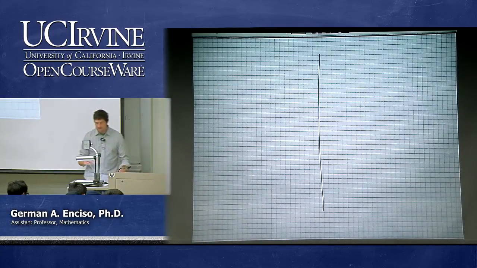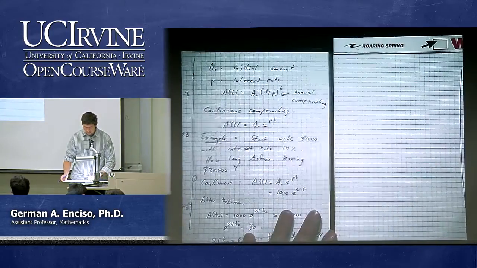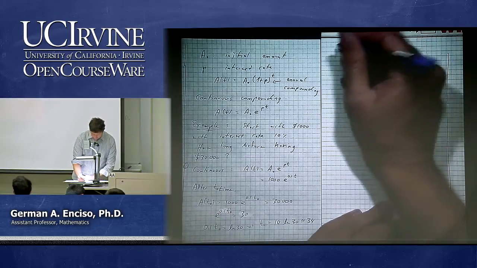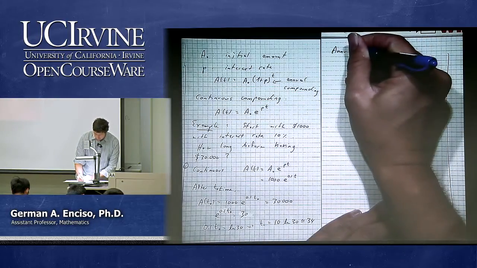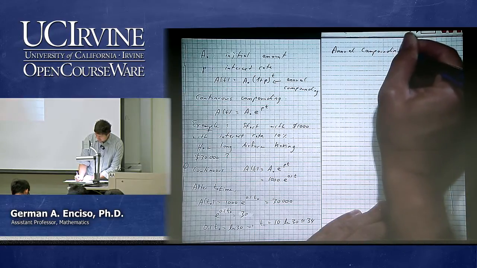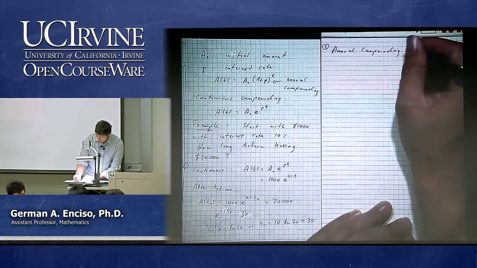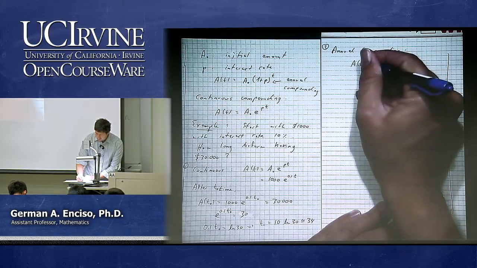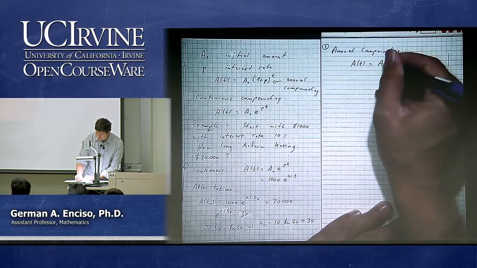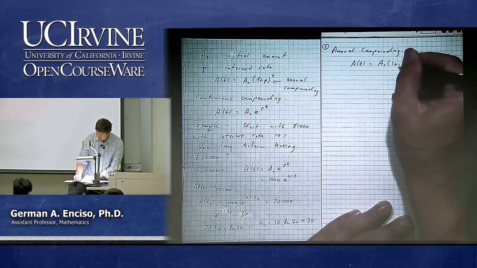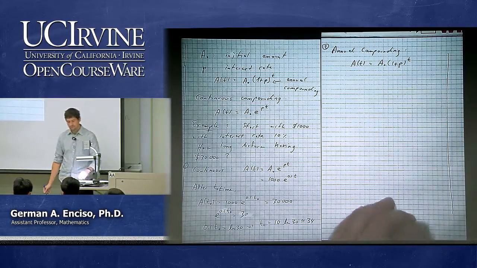Okay, so let's do the same thing, but with annual compounding instead of continuous compounding. The formula for annual compounding, as we said before, is A of t is equal to A0 times 1 plus p to the t.